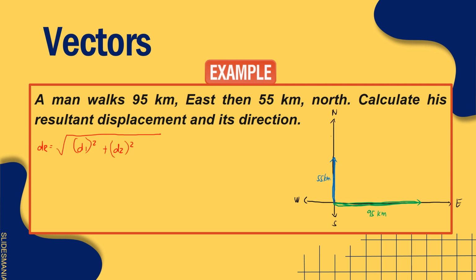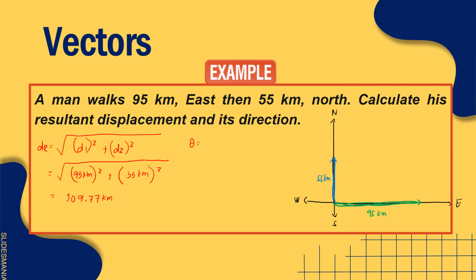For your d1 we have 95 kilometers squared plus 55 kilometers squared. Okay, so my final answer here is 109.77 kilometers.